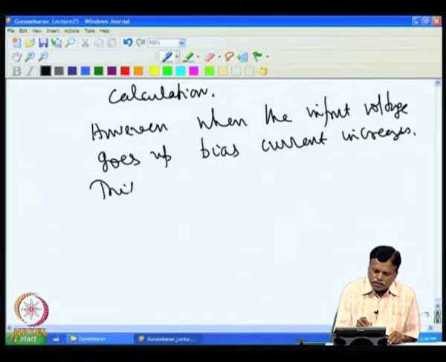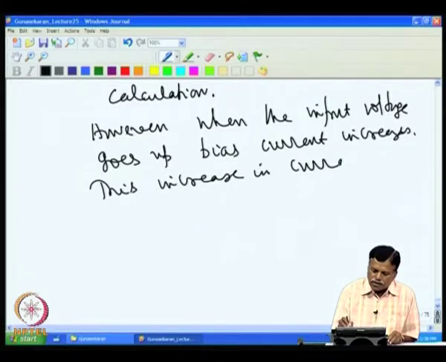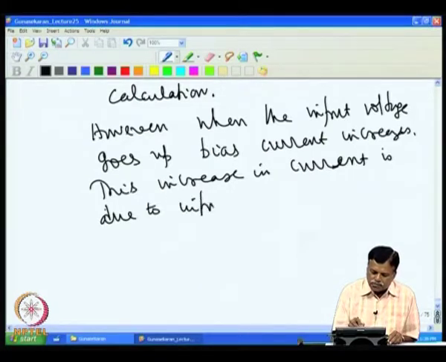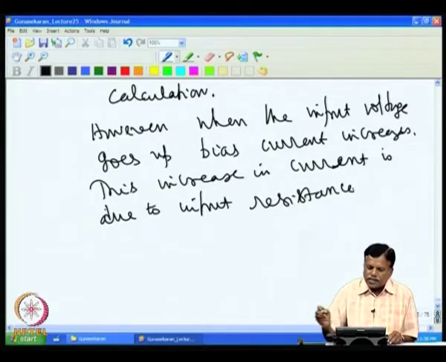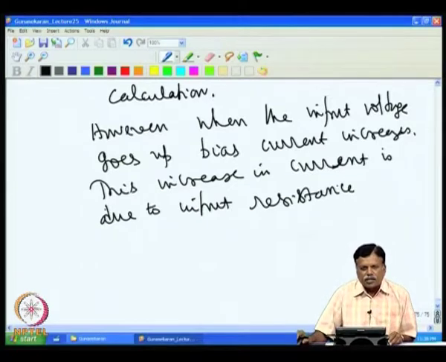This increase in current is due to the input resistance. That is how we are taking it. Actually, the increase in current we will now take as effective to the input resistance. So, at present we assume there is no bias current.